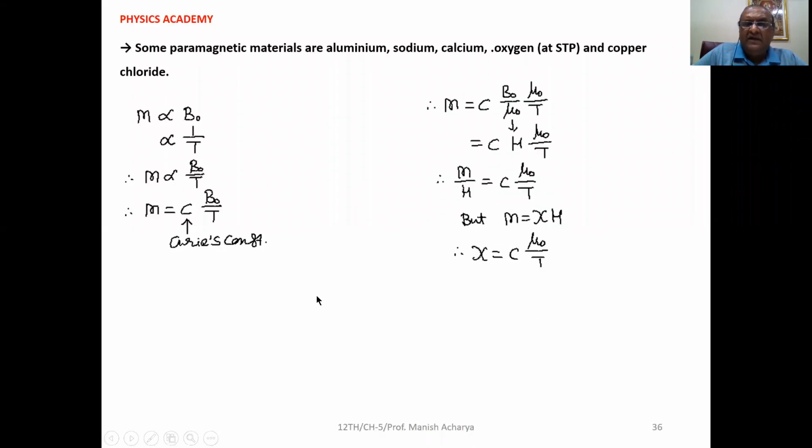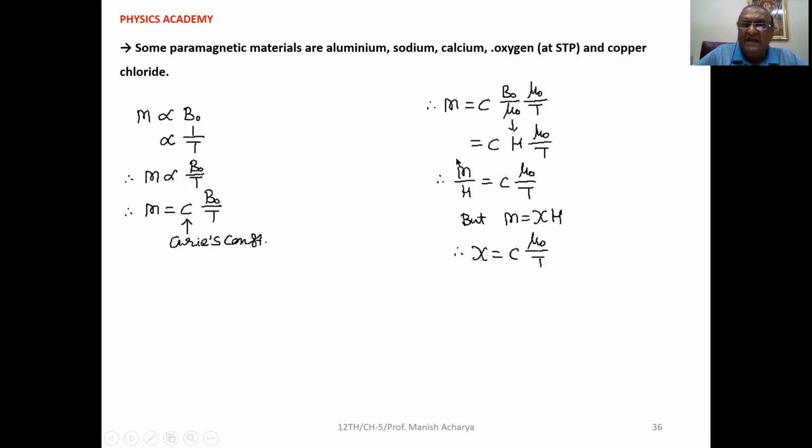Now, on the right hand side, multiply and divide by mu 0. So C into B0 mu 0 upon mu 0 T. But here B0 upon mu 0 we can write as H, the magnetic intensity.